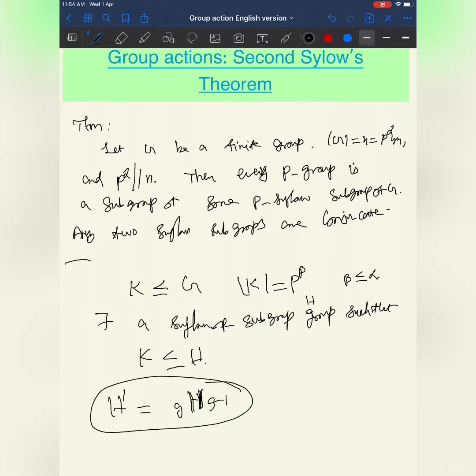This is called conjugate. Okay, I want to prove this.